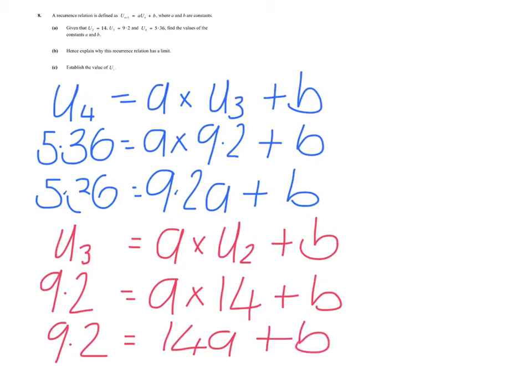So what we have now are two equations. 5.36 equals 9.2a plus b, and 9.2 equals 14a plus b. So what we're going to do next is look at solving those simultaneously.